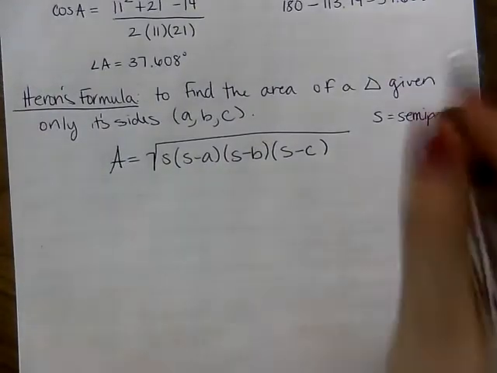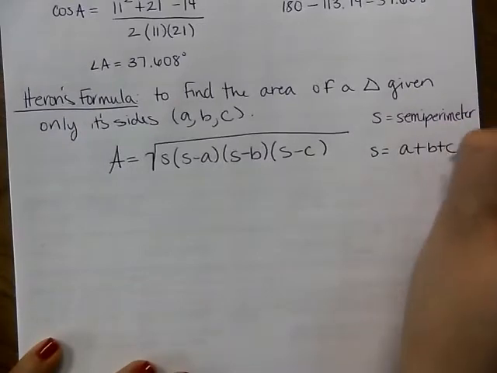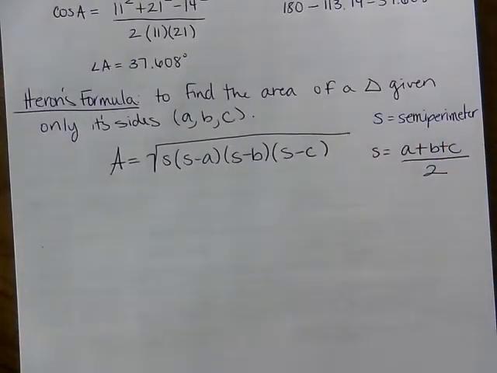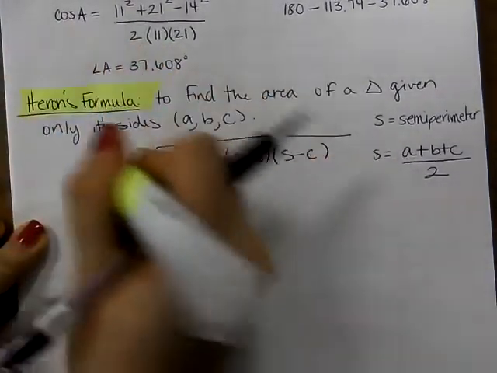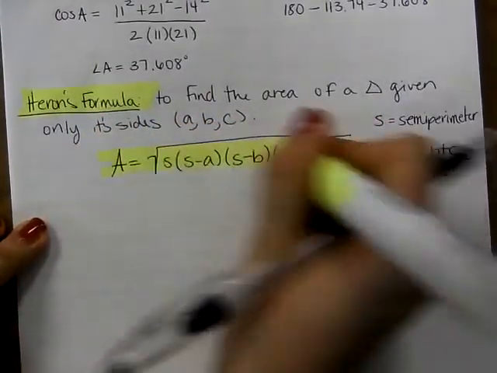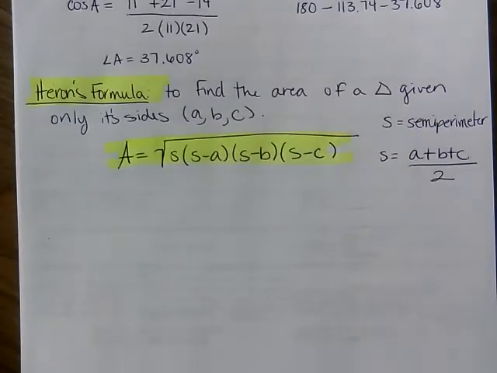Half of the perimeter. So to find S, all you have to do is add A, B, and C together and divide it by 2. Okay? So it's pretty simple. But again, this is another formula that you have to make sure you have memorized because I will not be giving this to you. Yeah? Heron's, H-E-R-O-N.